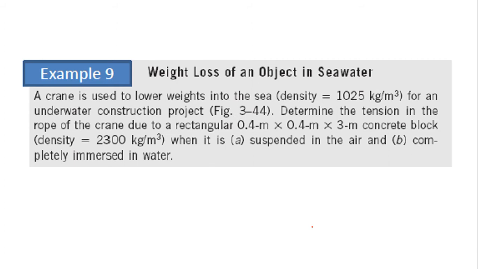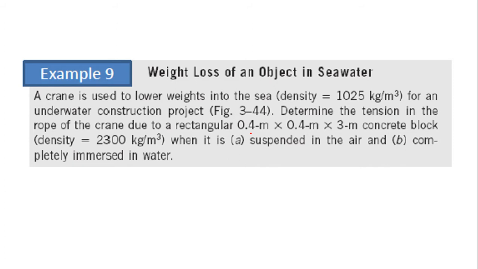So if you look at this example, I took it from the whole notes. I think I've given you the PDF file in the classroom. So example 9, it says a crane is used to lower weights into the sea. They give you the density of the sea water for an underwater construction project. Determine the tension in the rope of the crane due to a rectangular concrete block.